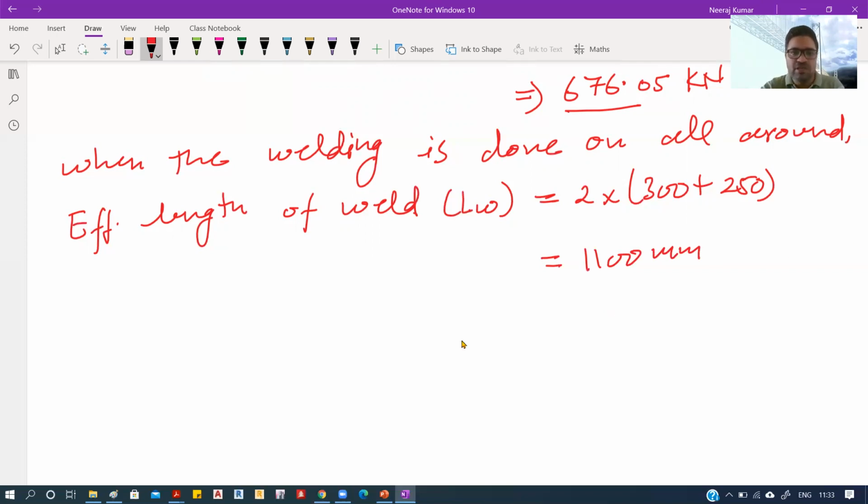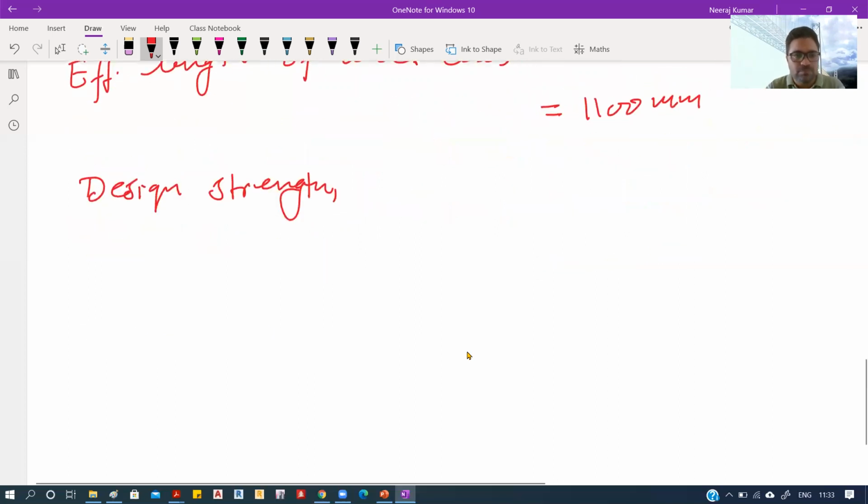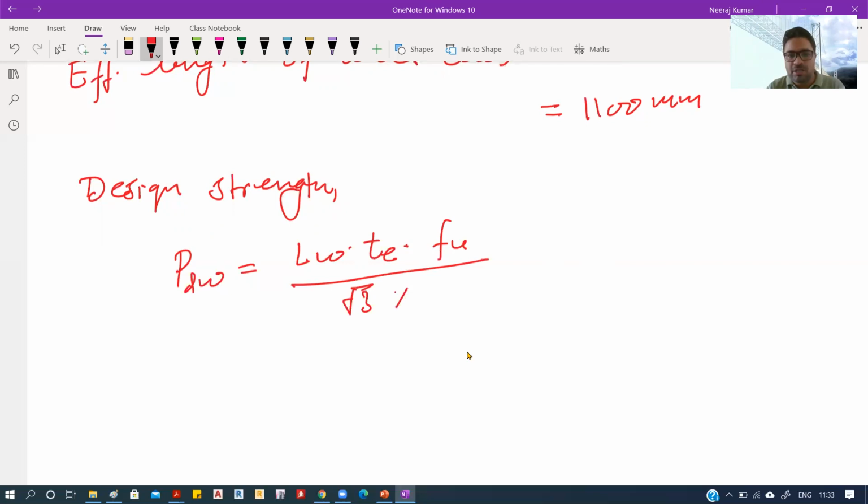Now if we try to find out the new design strength, which is PDW, under root 3 multiplied by gamma MW.